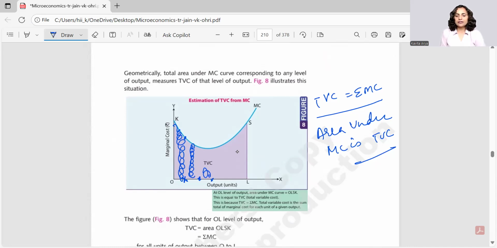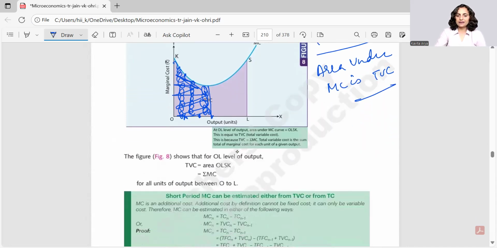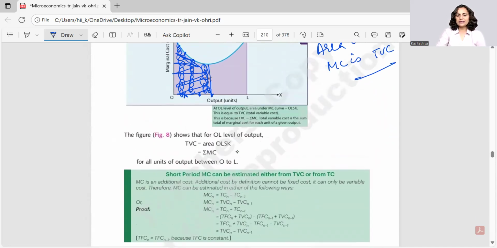This is the third unit's additional cost. But what is the total variable cost so far? So this whole area becomes the total variable cost, which is found by adding up all the marginal costs. So the area under the MC curve is the TVC curve, right?